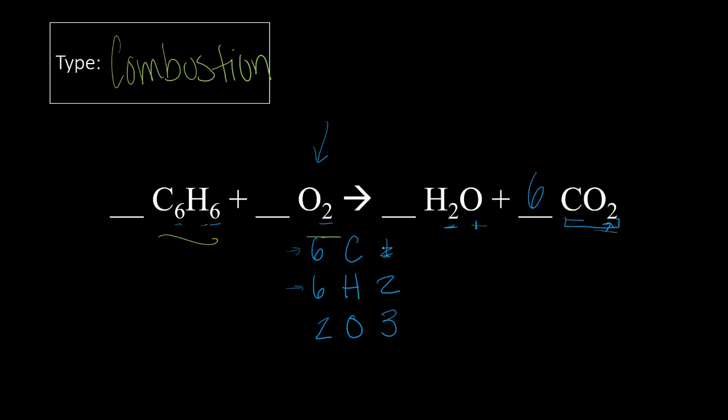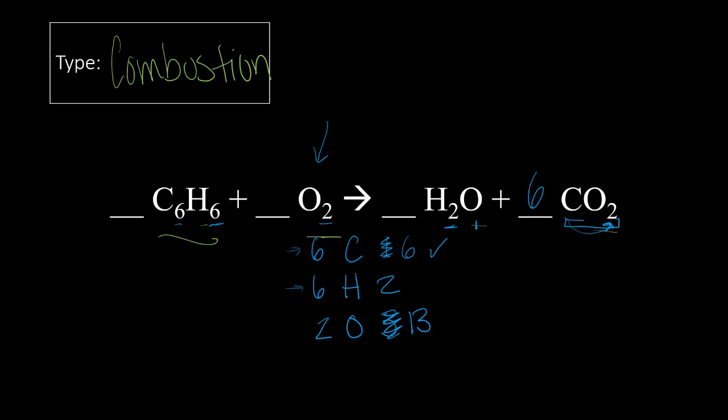When I have 6 CO2 molecules, that's going to now give me a total of 6 carbons. So those are matching or balanced. I now also have 6 sets of 2 oxygens, so that's 12 plus 1, so I now have 13 oxygens. But again, that's kind of a wonky setup now, so I'm just going to leave that for the end. I'm going to move on to the hydrogens now.